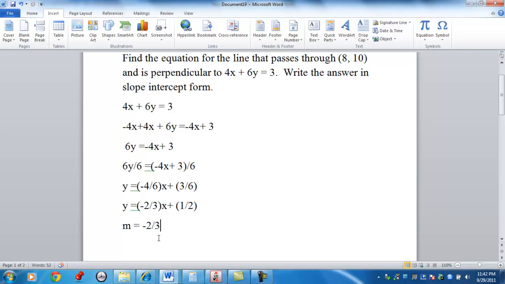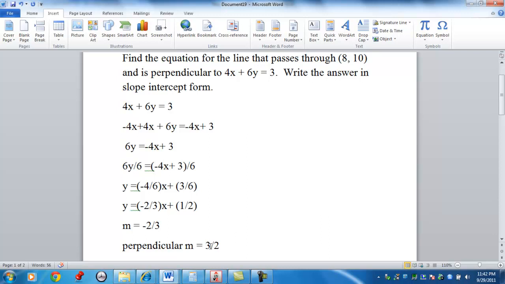The perpendicular slope in this particular example is going to be the negative reciprocal of negative 2/3. So you would take the reciprocal of 2/3, which is 3/2, and of course we're going to take the opposite of a negative, which would be positive in this case.